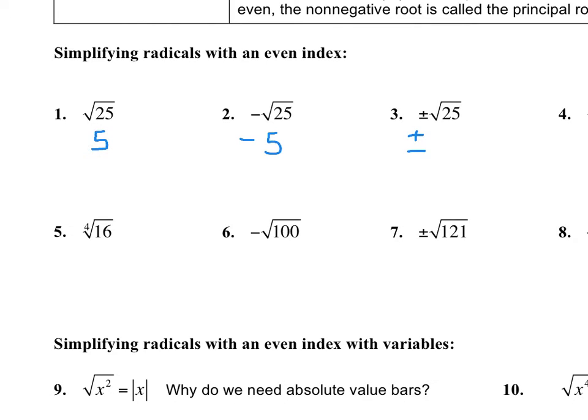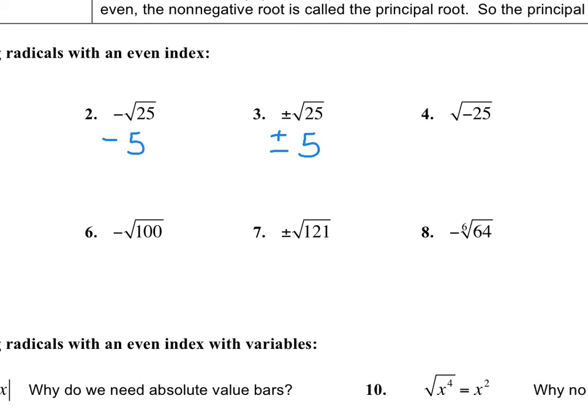Again, the square root of 25 is just 5, but there's already a plus or minus there, so our 5 joins the plus minus that was already there. Right, for number 4, we learned that the square root of a negative number creates an imaginary number. So this one's going to be 5i.